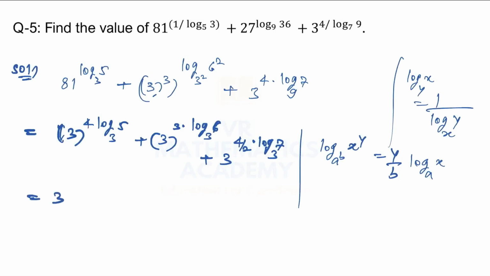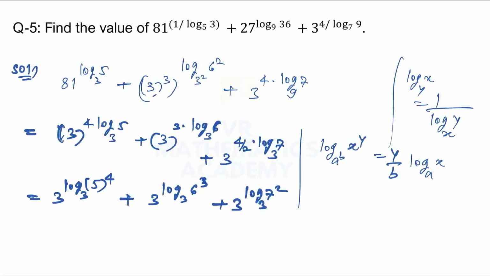Finally, we will write 3 raised to the power log base 3 of 5 raised to the power 4, plus 3 raised to the power log base 3 of 6 whole cube, plus 3 raised to the power log 7 square base 3.